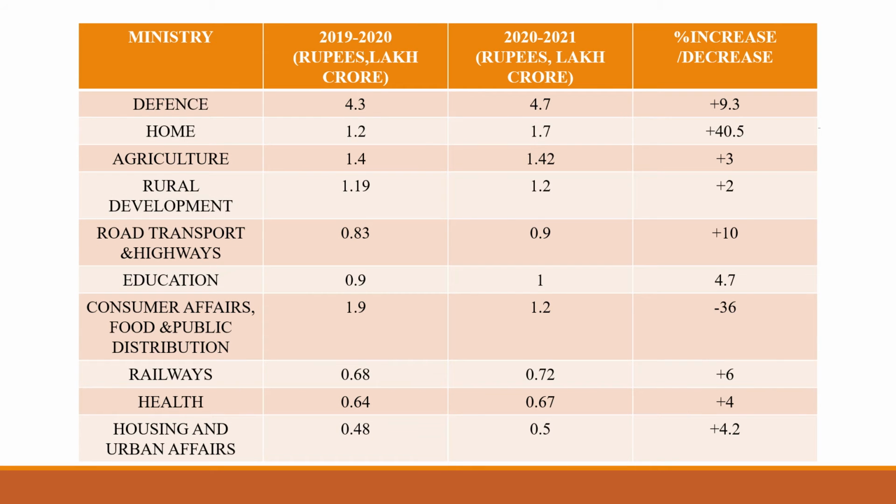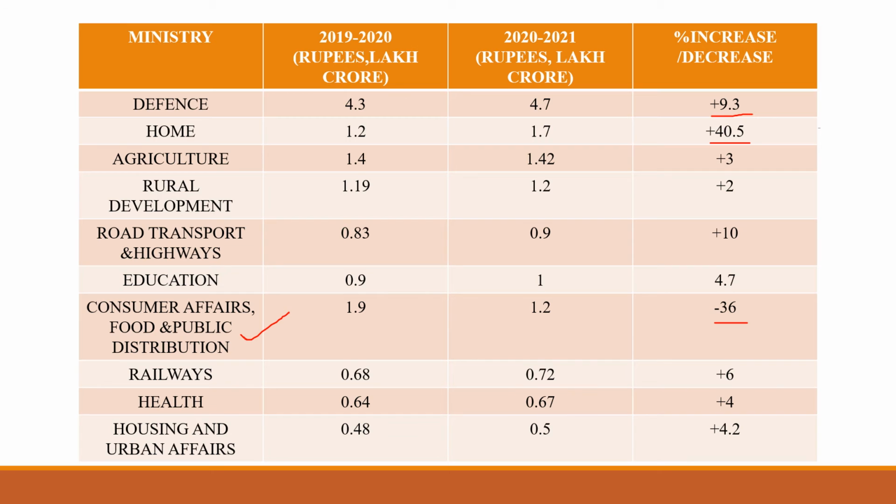Now it is interesting to see the budget allocation of the years 2019-20 and 2020-21. In this budget allocation, we see that the highest increase was for the Home Ministry and for the Defense Ministry. On the other hand, ministries such as Consumer Affairs, Food, and Public Distribution saw a decrease in the budget allocation by 36%.